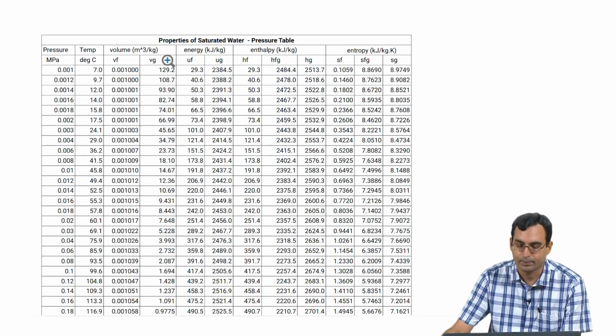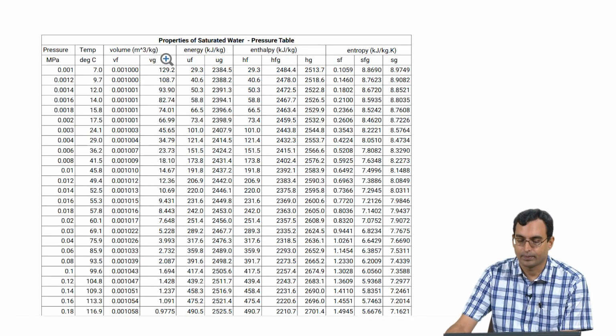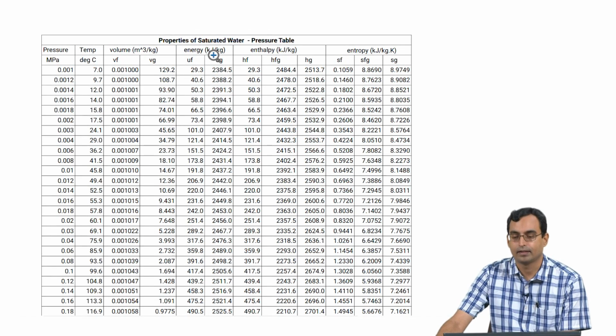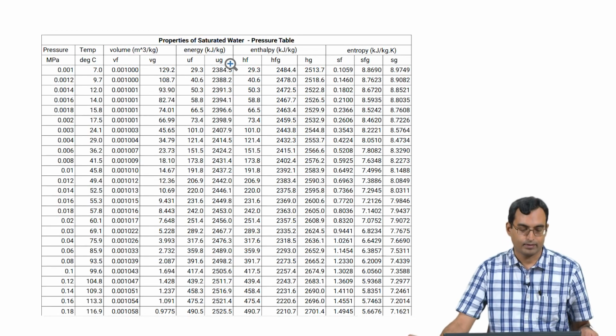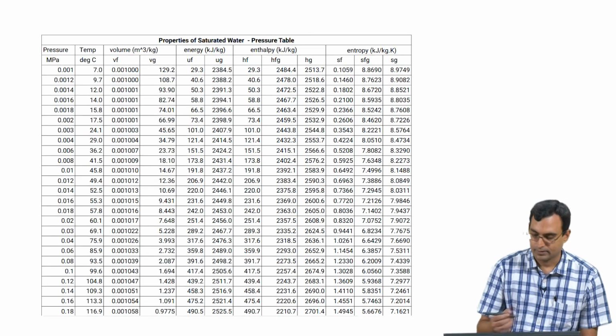Vg represents the specific volume of saturated vapor, the vapor on the saturated vapor line, also listed in meter cube per kg. Uf represents the internal energy of the saturated liquid, a specific property again listed in kilojoules per kg. Ug is the same thing for the saturated vapor line.